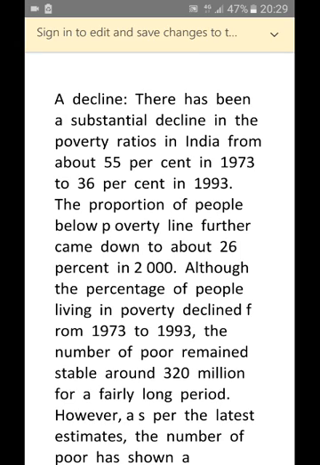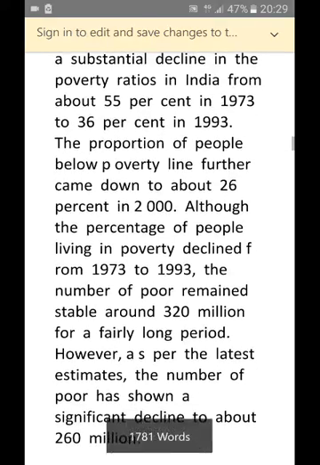So here we can see 19% decline in the poverty level in India in two decades, that is 20 years. The proportion of people below the poverty line further came down to about 26% in 2000. So 10 more percent has been reduced in 7 years.